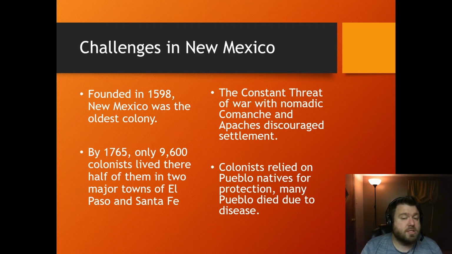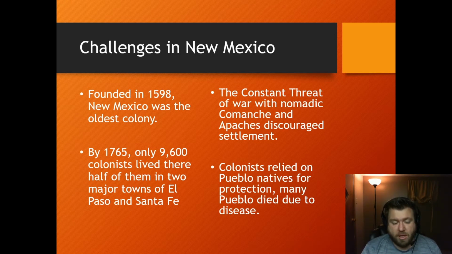Now, it uses the term nomadic there. If you think back to history classes you've had before, I guarantee you have heard the term nomadic or nomad before. And in case it has slipped your mind, because I know it is not a term you probably use on a daily basis, it means a group of people that move from place to place.